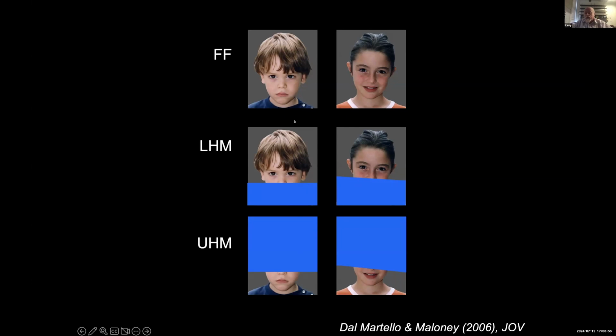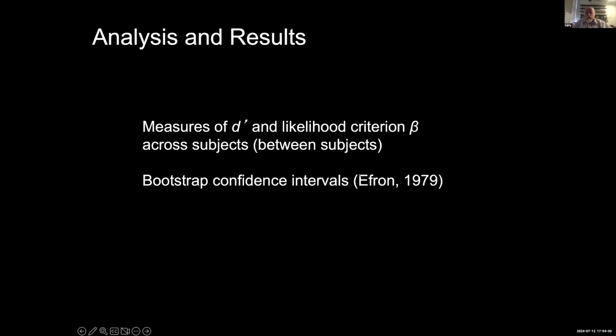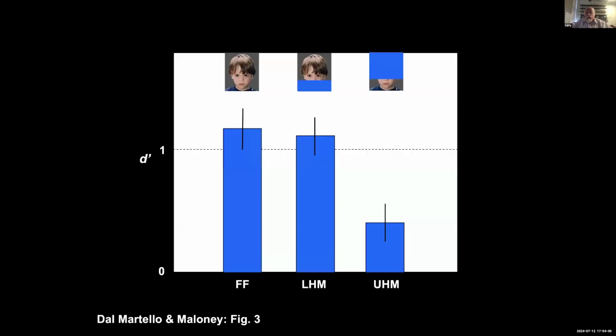And we're going to basically be looking at these, to find out what happens when you mask. So the results are shown here, D prime, and then the three conditions shown horizontally. And you can see that D prime for the full face is slightly greater, but not significantly so, than D prime for the lower half.